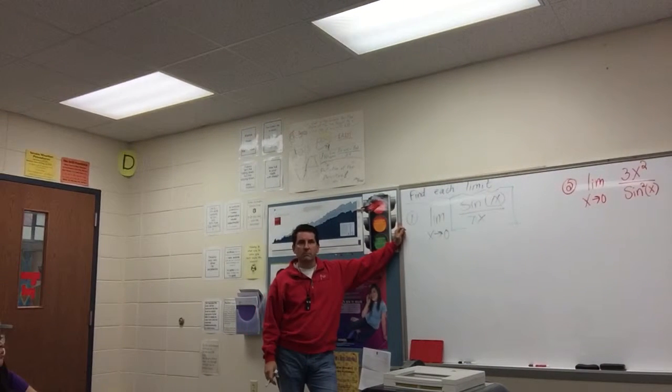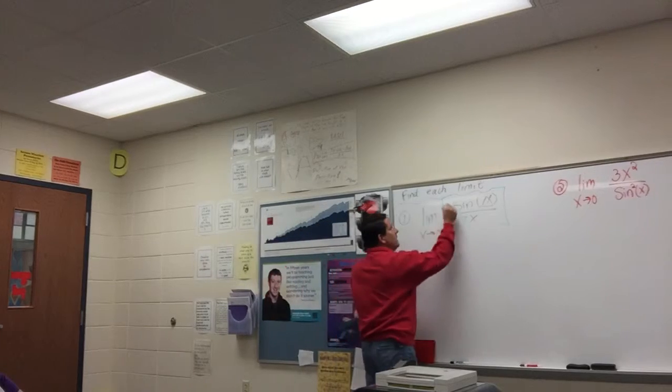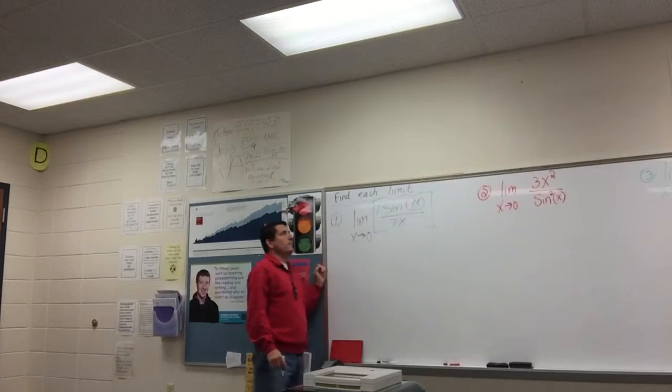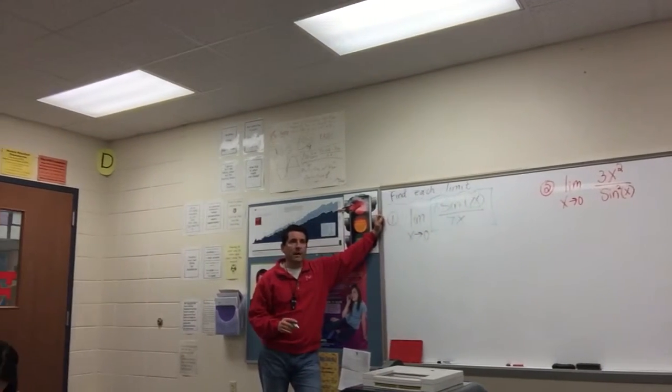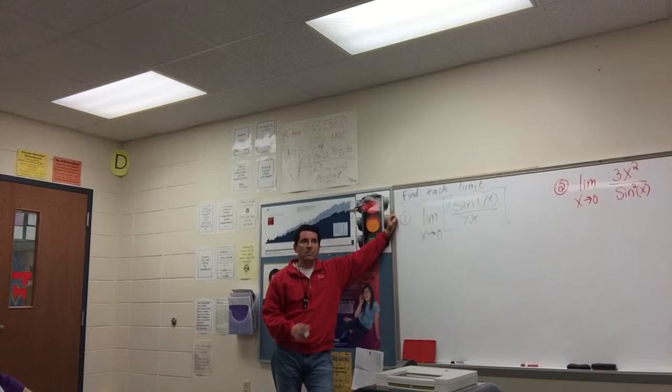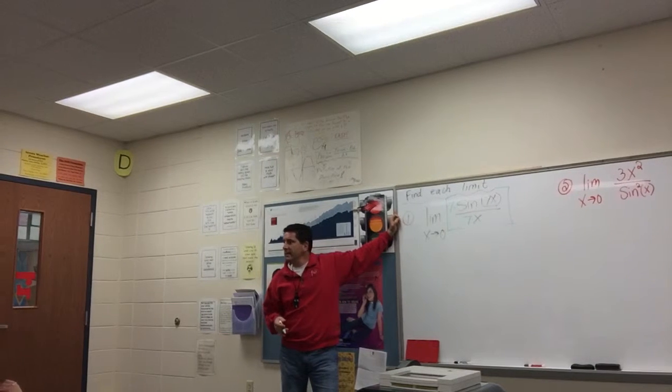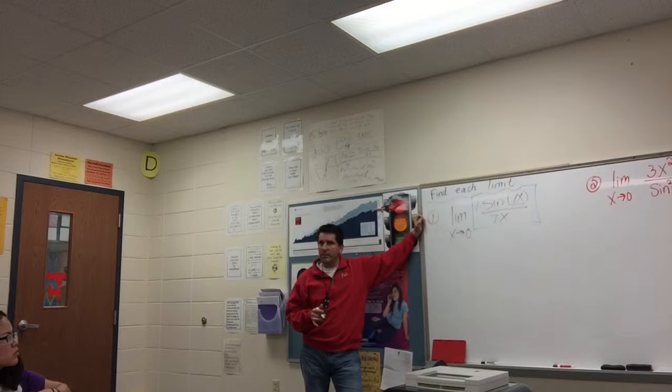Now, can I do that? No, I can't, unless I multiply the top by 7 also. So if I multiply the top and the bottom by 7, then what I did was multiply by 1, but it was just disguised as 7 over 7.